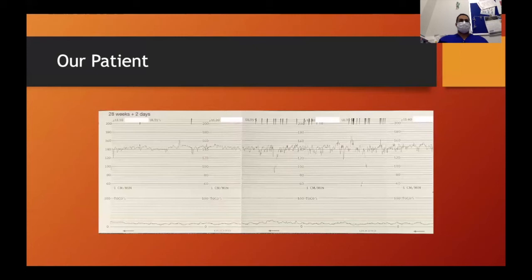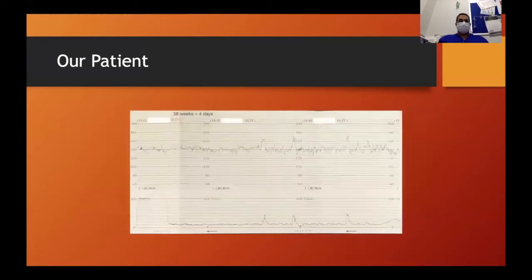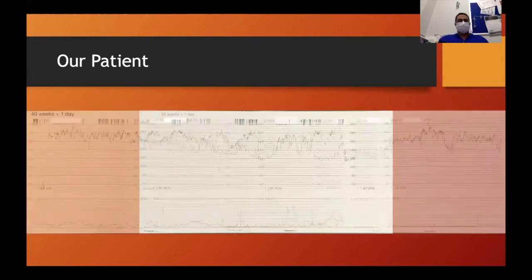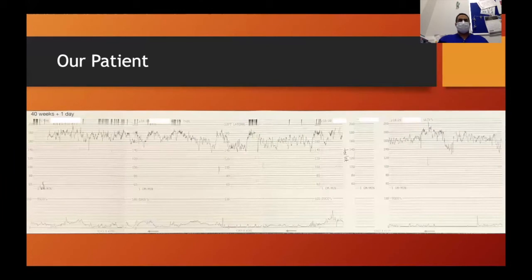So we're expecting around 140. Remember at 39 plus 1, the baseline was about 120, 130. Here again about 140. That's the day before. So around 140. It shouldn't be any higher than that.